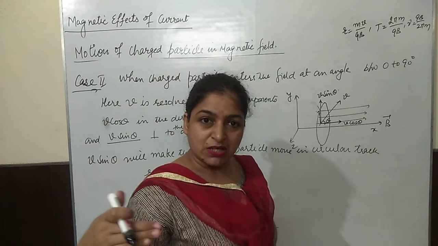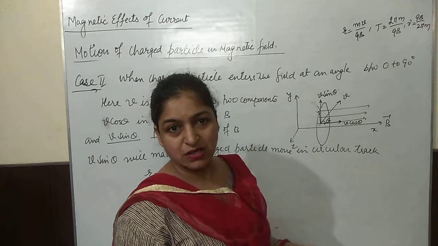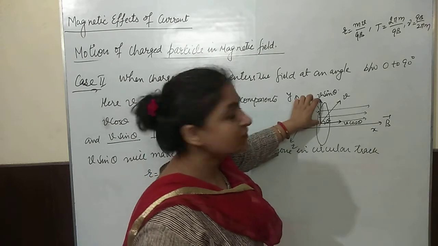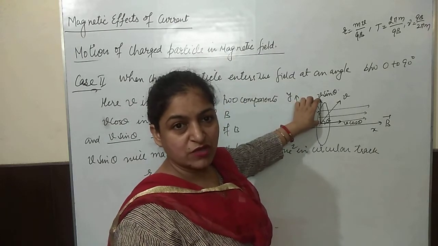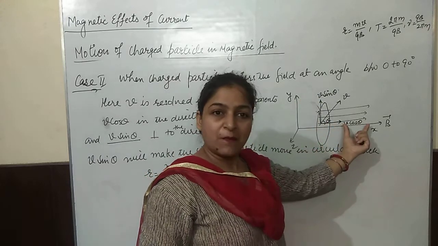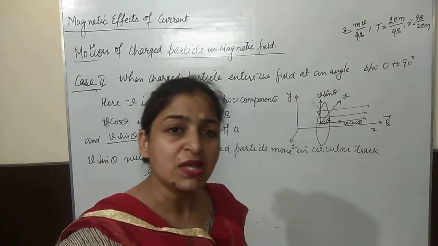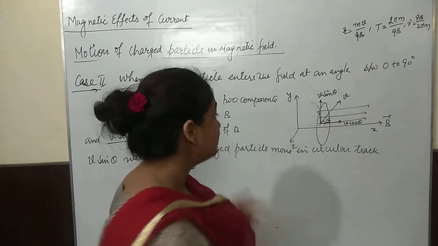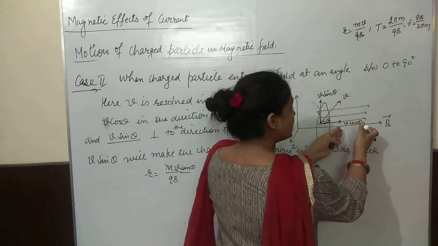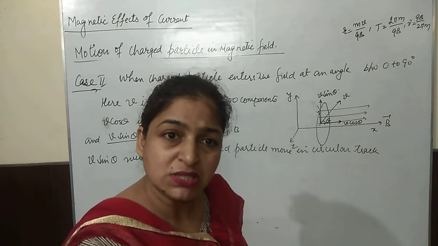When the charged particle is moving parallel to the magnetic field, then no magnetic force is acting on it. So only the perpendicular velocity component is responsible for the magnetic force on the charged particle, and this component of the velocity is not going to produce any magnetic force. So this component of the velocity remains constant.